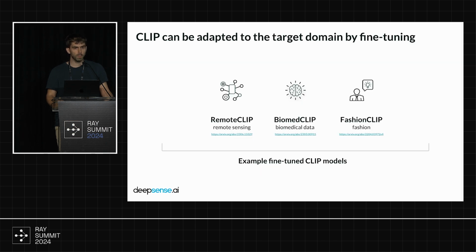The original CLIP model from OpenAI was trained on general domain data, but it's worth mentioning that such models can also be adapted to specific domains, and there already exist models fine-tuned to remote sensing, biomedical domain, and fashion domain, to name a few. And actually, the fashion CLIP model is what we use in our application, along with the original OpenAI CLIP.